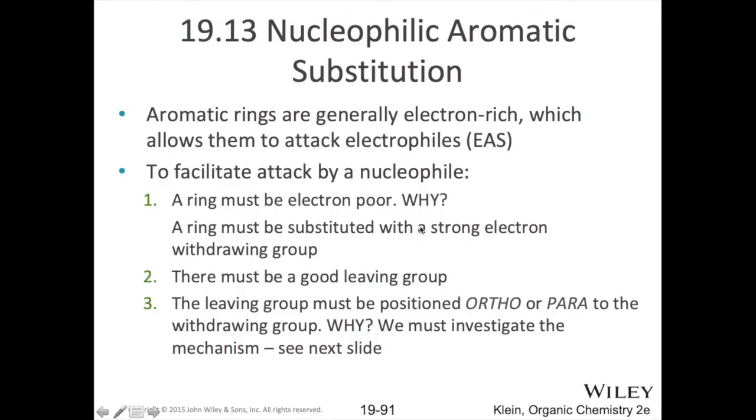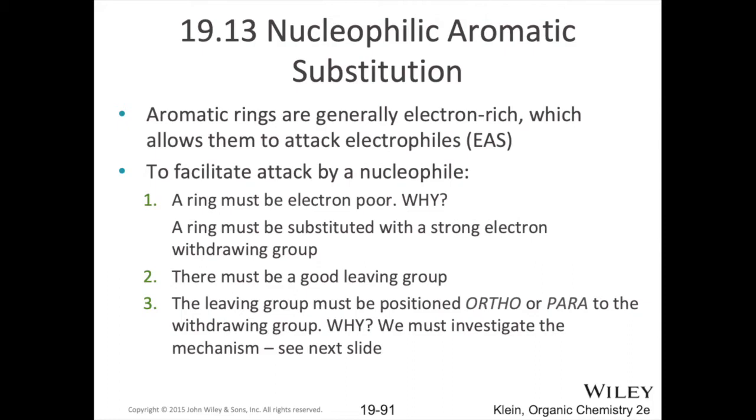Second, you must have a good leaving group. Notice that in that reaction, the alcohol that we add on substitutes not a hydrogen as we saw in EAS reactions, but instead we're swapping out that bromine. So we have bromine there as our leaving group.